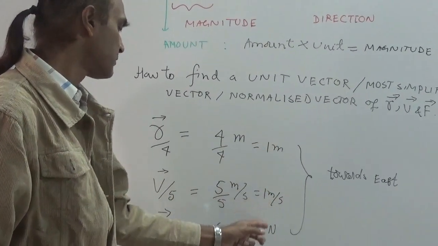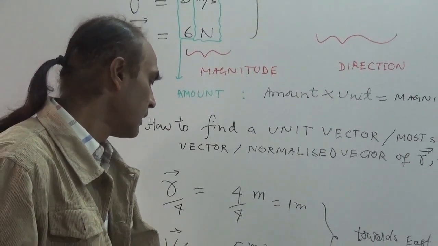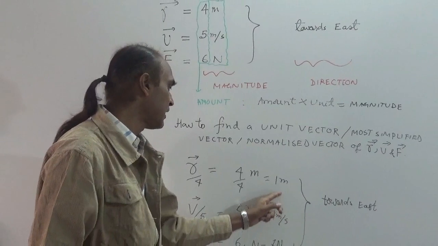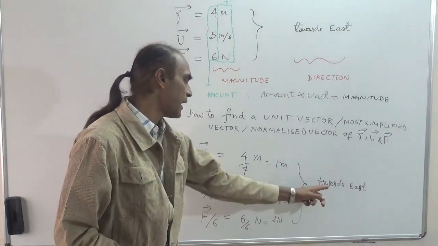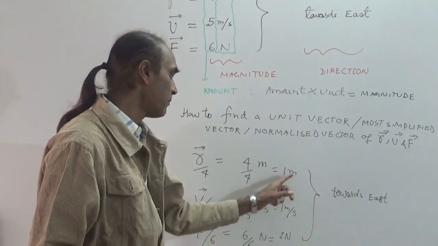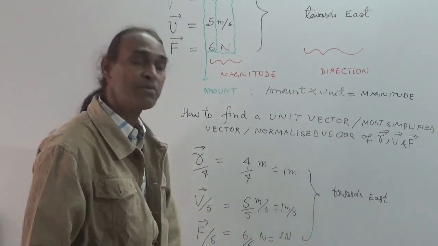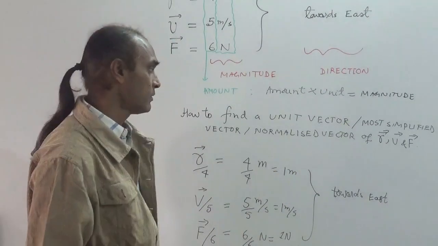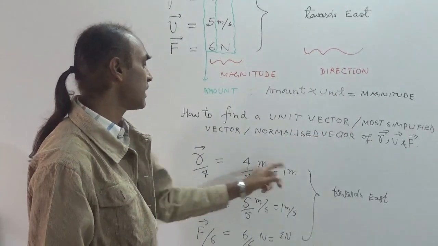Even though their amounts are 1, they still have different units: meter, meter per second and Newton. Direction same, amounts same, but the units are different. So you cannot call them most simplified or normalized vectors.